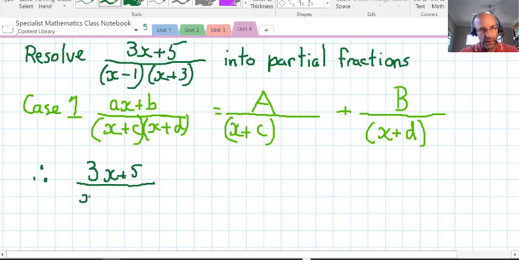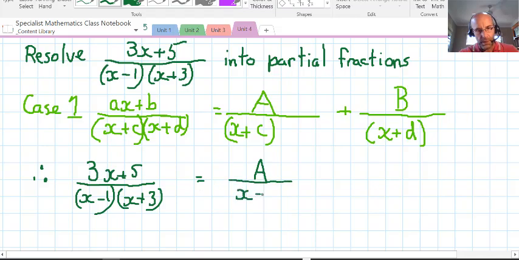For x + c, we've got x - 1 in its place. For x + d, we've got x + 3 in that place. Thus, we would have partial fractions in this form here.